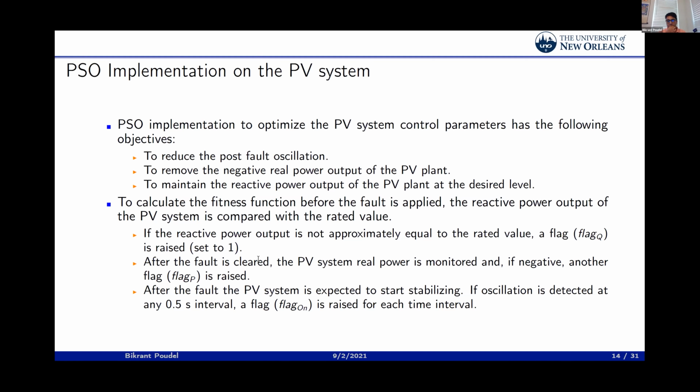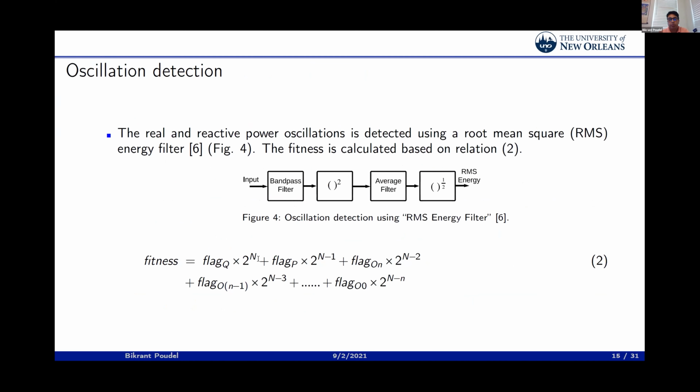And after that, for the oscillation, right after the fault, at intervals of 0.5 seconds each, we'll monitor oscillations. And if there is oscillation in that particular time frame, then we'll raise a flag for that time frame. Let me explain how we do it for the oscillations. It's slightly different from the other two. For real and reactive power, it's an easy block diagram implementation.